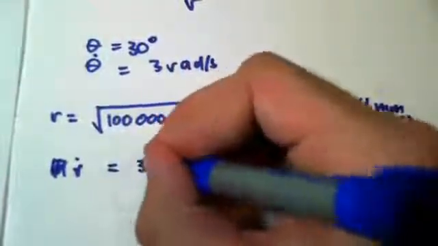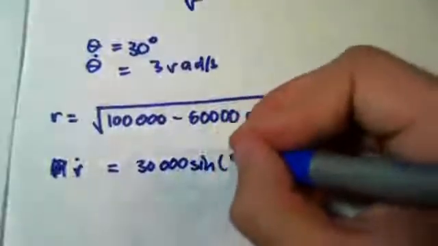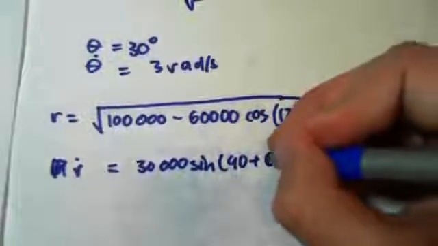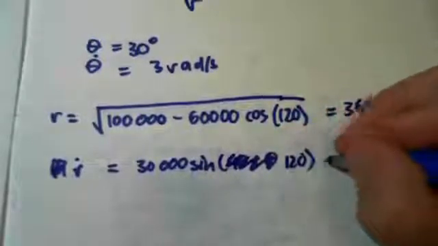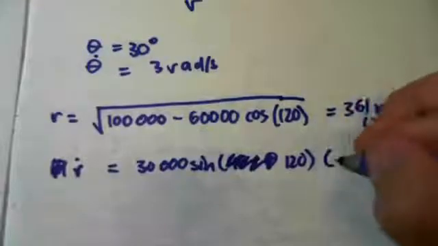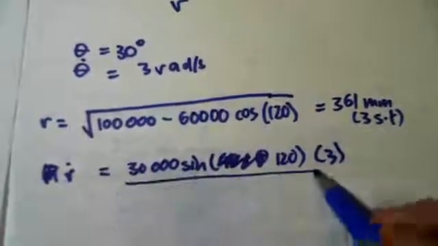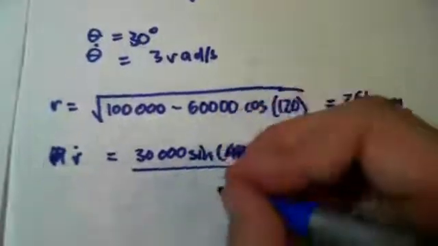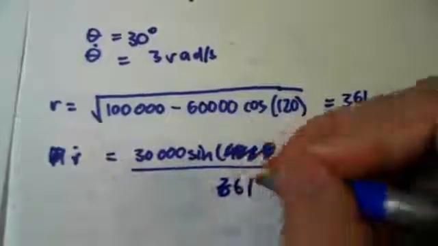So 30,000 sine of 90 plus theta, so that's sine of 120, times 3, which was our time rate of change of theta, over our r, which was 361 millimeters.